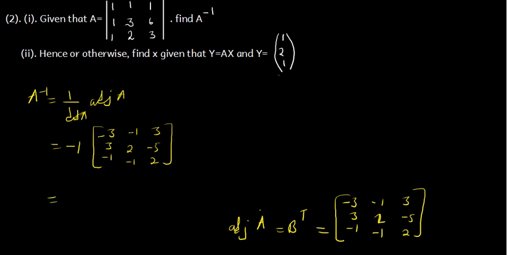So we multiply this negative with everything inside. So the first one, the sign becomes positive, positive 1, then negative 3, and then this will become negative 3, negative 2, positive 5, then this becomes positive 1, and then negative 2. So this is the inverse of the matrix A.